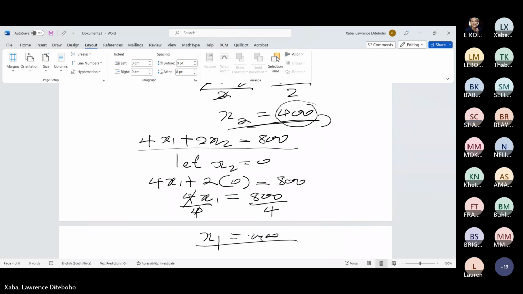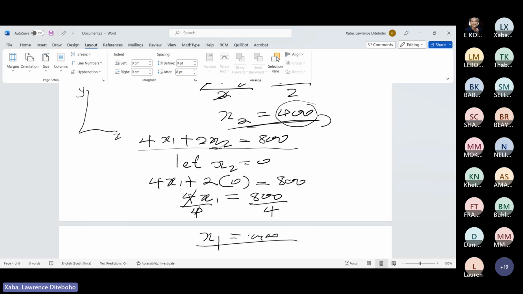No. Remember, we want to do a graph. If we do a graph, remember our graph is going to be like this. We want the values that represent y and x from this equation. If you take this 400 and you put it here, you end up getting 800, and then x1 is 0, which is incorrect.